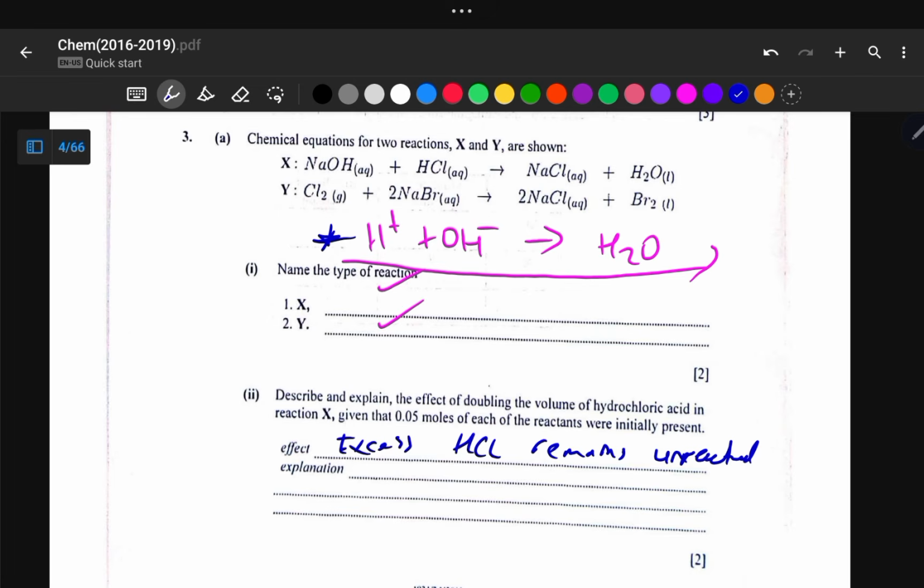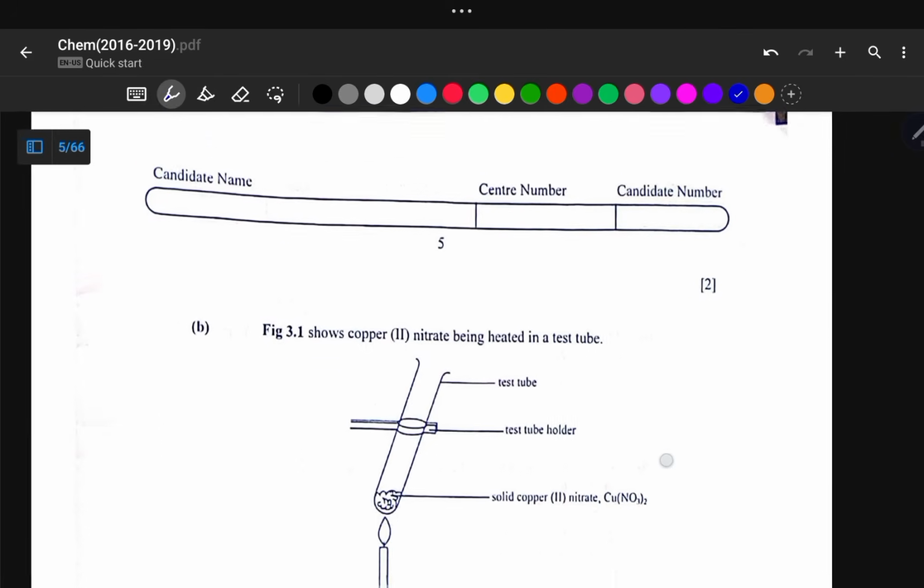So we have excess hydrochloric acid within the reaction chamber, right? For the explanation, we can say sodium hydroxide is the limiting reactant, right? Or we can say hydrochloric acid is in excess. Then we now move on to the next question.